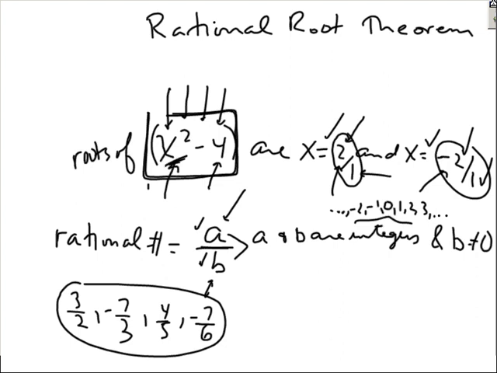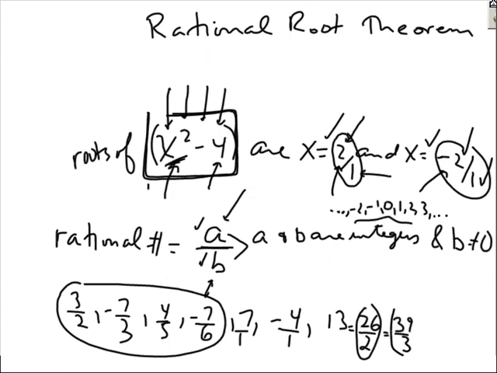So 7 is rational, negative 4 is rational, 13 is rational. Why? Because you can think of them as over 1. In fact, 13, you can think of as 26 over 2, or 39 over 3. Both of these fractions really equal 13, and the top numbers are integers, and the bottom numbers are integers and not 0.